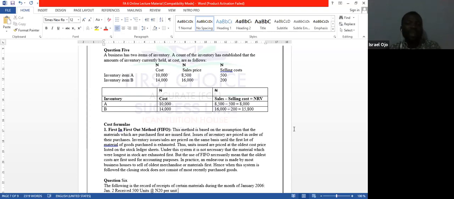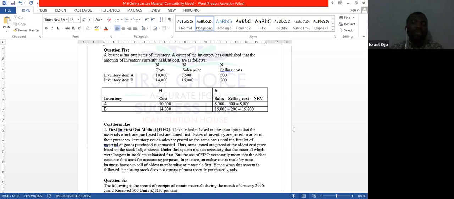That is first in, first out, FIFO. It means that the first item that goes into your inventory account should be the first item to leave your account. So if I have a particular inventory, let's say a pen that we used earlier on, but I have 3 transactions on inventory: A 20, B 30, C 50.